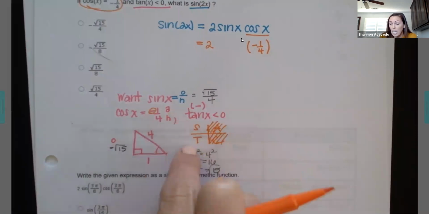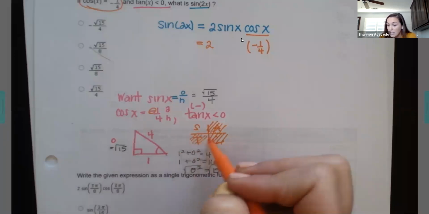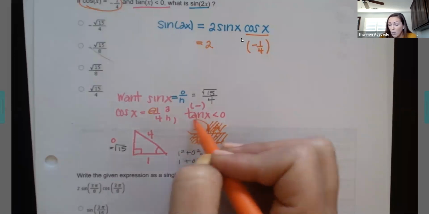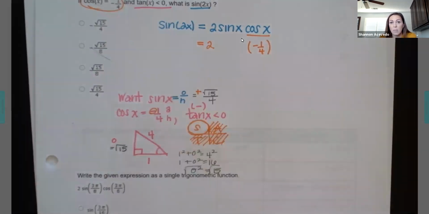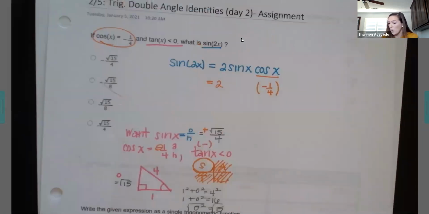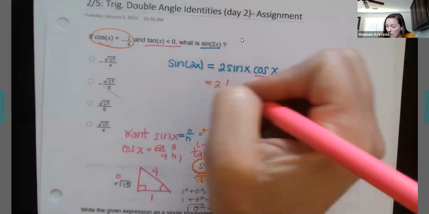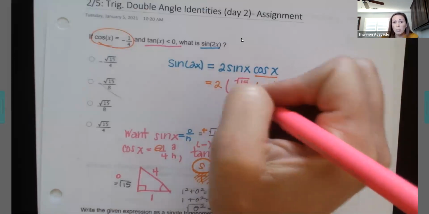In quadrant 3, tangent is positive. So that means we can't be in quadrant 3 because I know tangent has to be negative, which means I'm going to be in quadrant 2. So this is a positive right there. I could go ahead and plug in that my sine value here is going to be a positive square root of 15 all over 4. And then I just multiply everything.